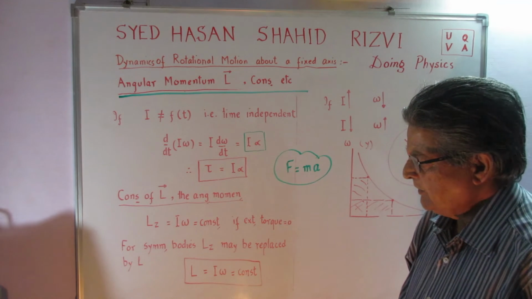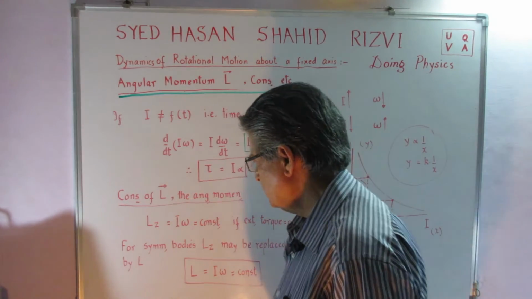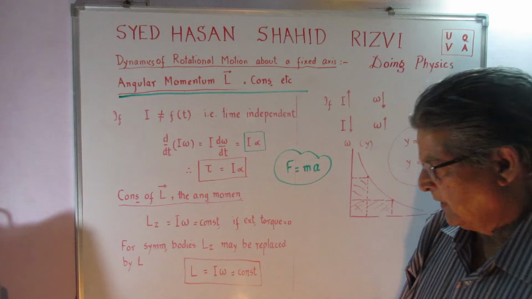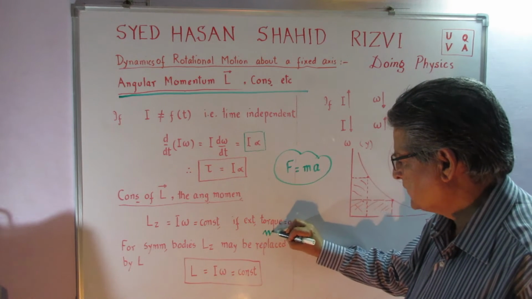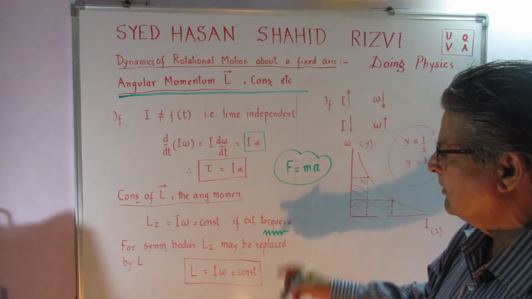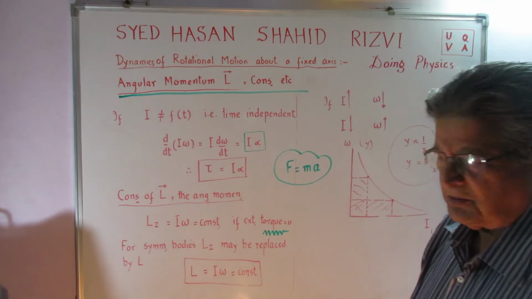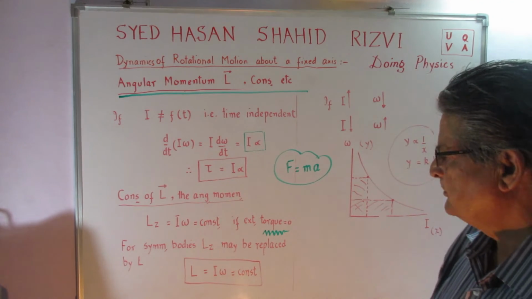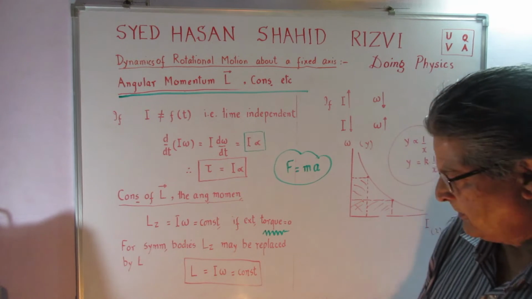Now, like in the case of the conservation of linear momentum, we can consider the conservation of angular momentum. If the external torque, as there the external force was equal to 0, here we are taking the external torque to be equal to 0, then Lz, which is also equal to L normally for symmetric bodies, is equal to I omega is equal to a constant.